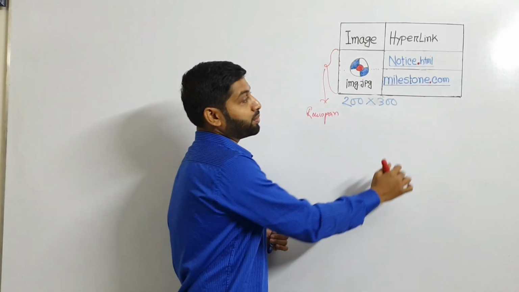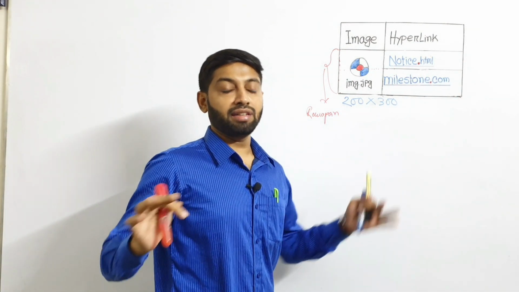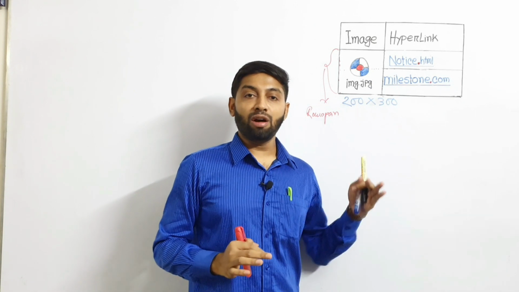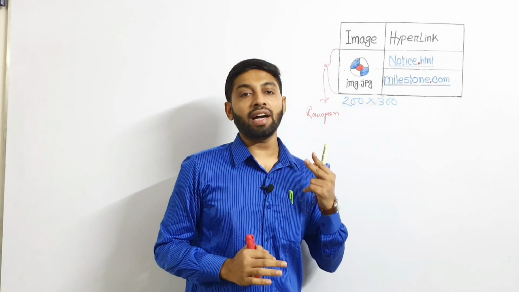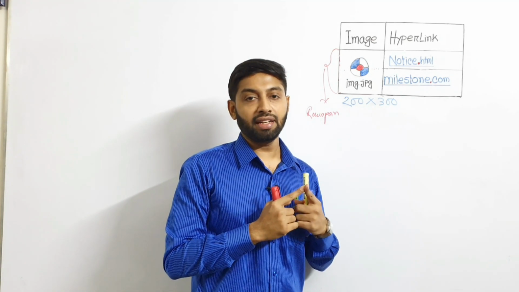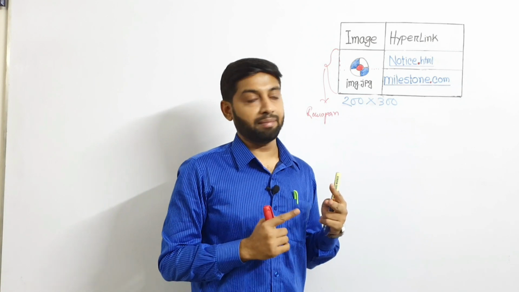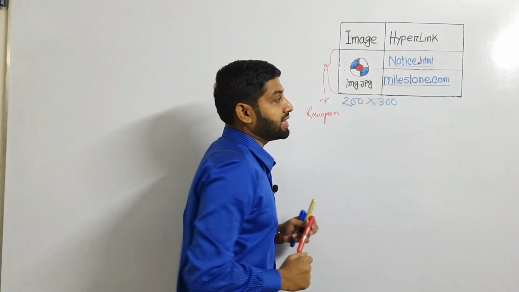And I put two hyperlinks here in my table. I know you already know how many types of hyperlinks we have in our lectures. We have two: number one, internal hyperlink, and number two, external hyperlink. You see, I put a file name here, notice.html.